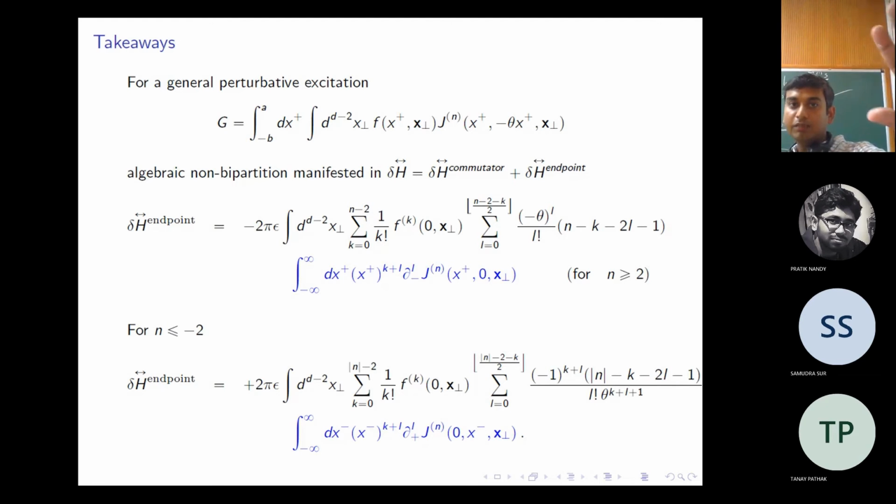And this is basically the final result, which I also flashed before, where the delta H endpoint piece is precisely this, and you can show by some parity transformation that for n minus 2 and lesser, you will have an endpoint piece which is an integral over x minus horizon. So these are again light ray moments, but over x minus horizon.